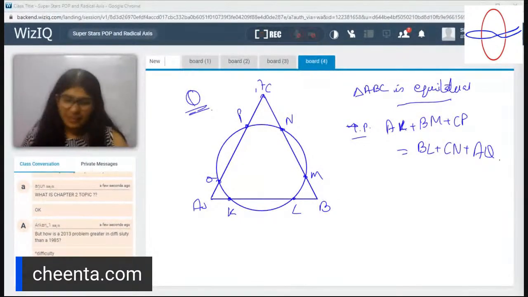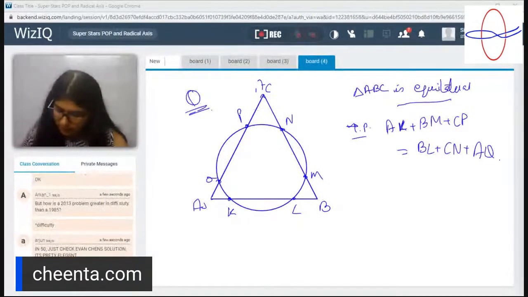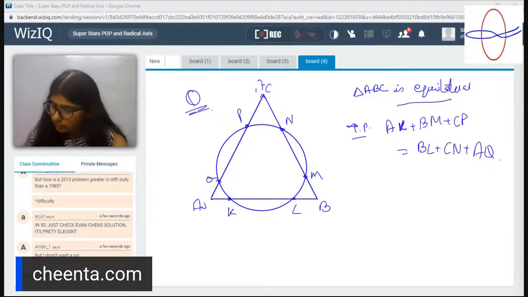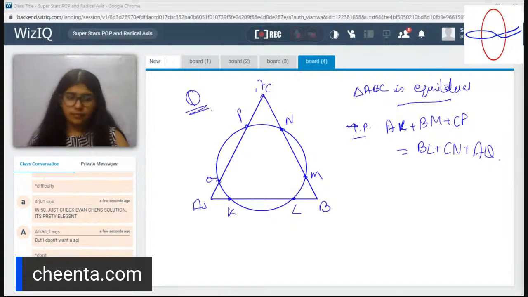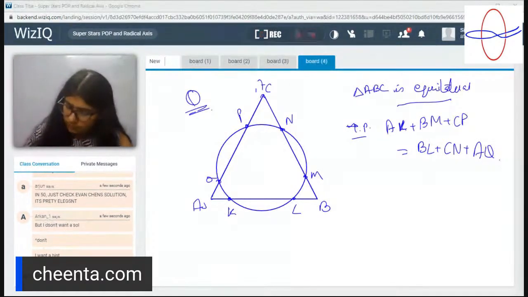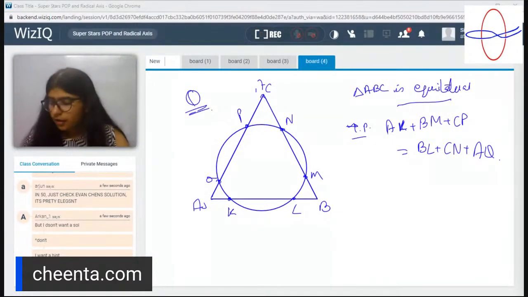That 1985 problem is a pretty tricky one. Has anyone discussed it? Yes, sure, Arjun. Did you see the hints given in Evan's book with the numbers?